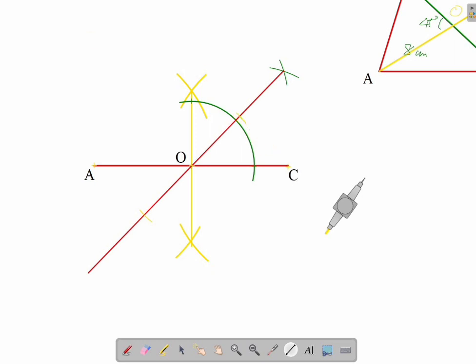This way I'll change the color. So now you can give the name, so you can write B here and you can write D here.